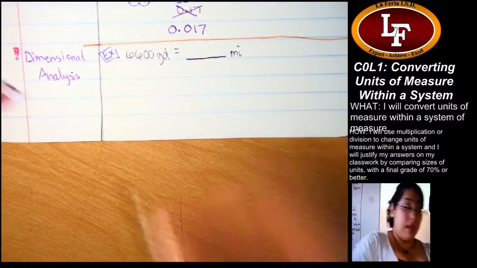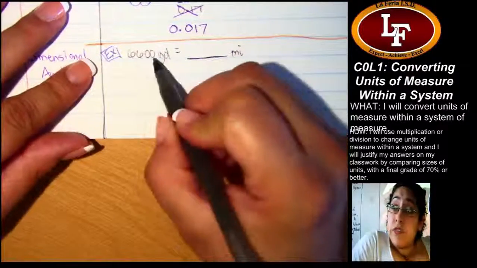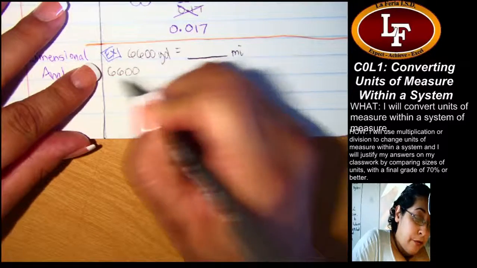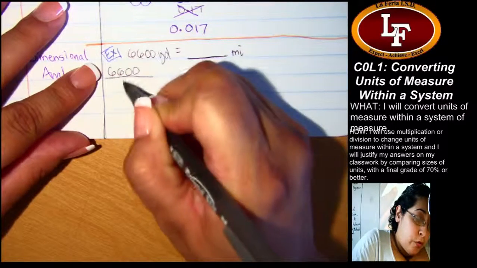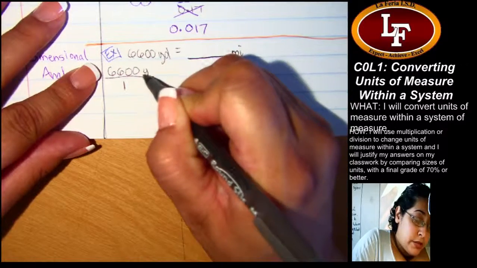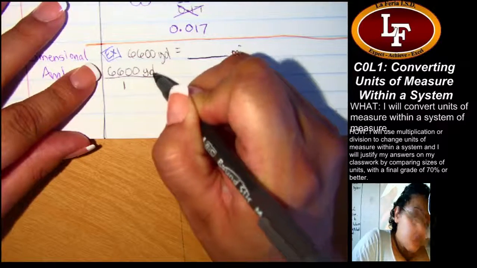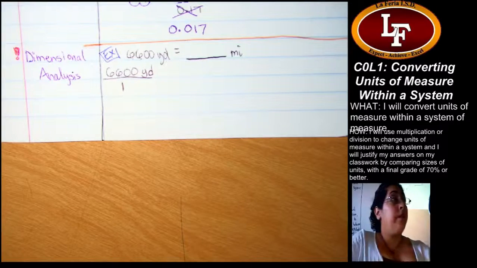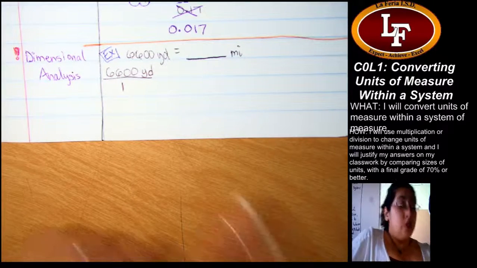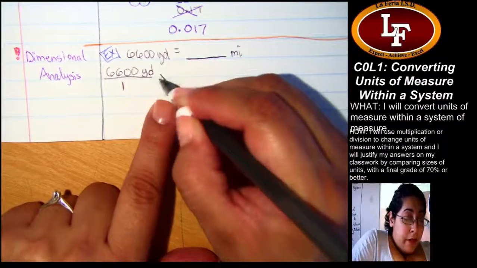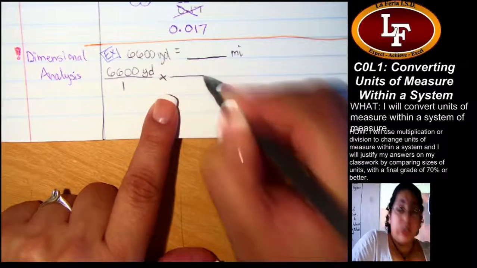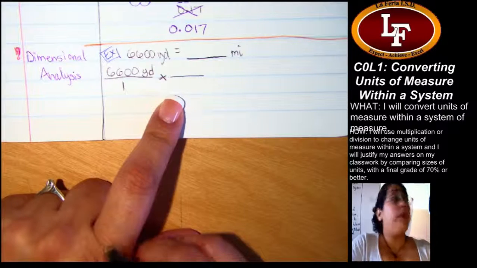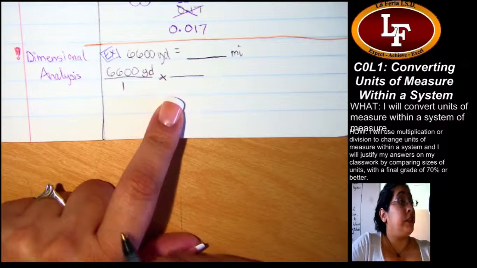Here's what it looks like. Take this first value and write it as a fraction over 1, and put the units of measure in the numerator, the top. Okay? I'd like you to multiply that fraction by some other fraction, and this one is going to do that first conversion step, the yards to feet.